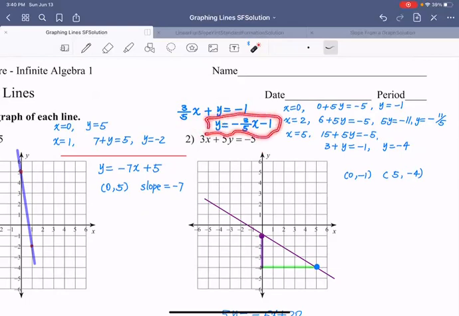How about here? And then he swapped, and he put 3/5 times x over to the other side, so then it would be negative 3 out of 5 x. And then how do we draw this one over here?